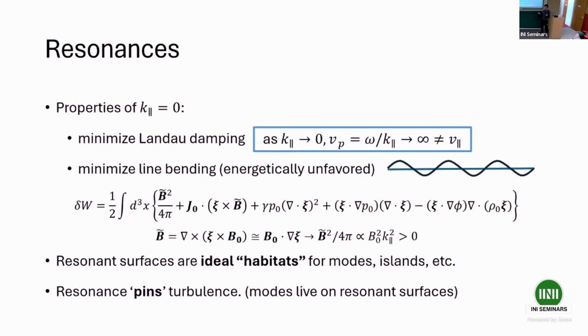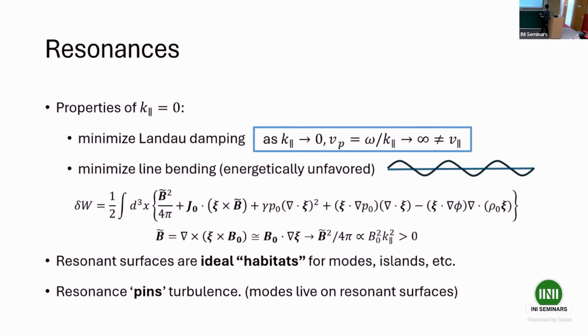Recall that Landau damping requires the resonance between particles and waves, so the phase velocity and the particle velocity should match. However, if k parallel equals 0, the phase velocity will diverge, so these two velocities cannot match. So on resonant surfaces, we can minimize the Landau damping.